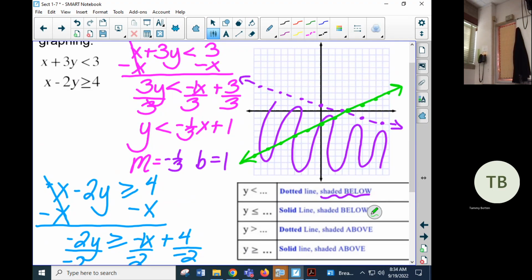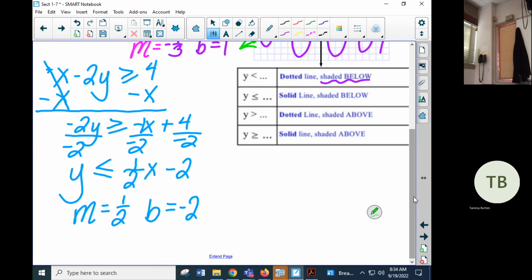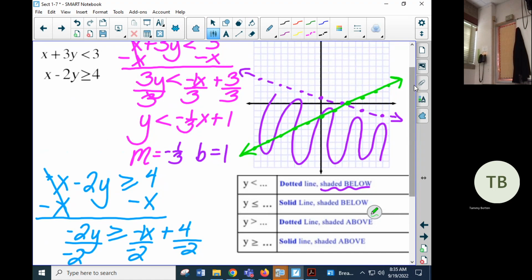Okay. And remember with this too, do not look as far as the signs at the beginning. Look at that last where it solves for y, look at that sign. And it's less than, and if it's less than, you shade below it. So if I look, this is below it.